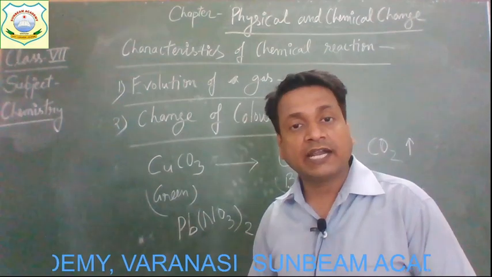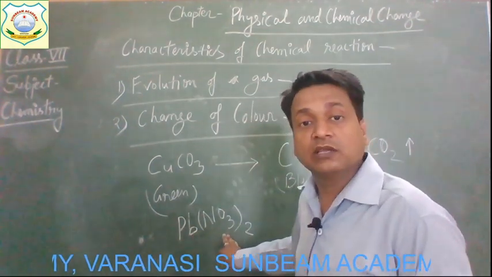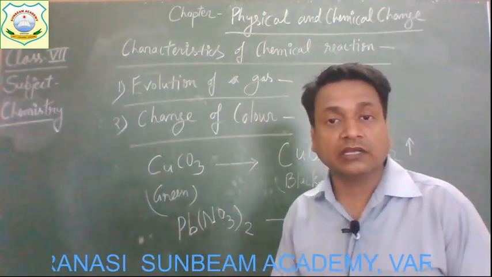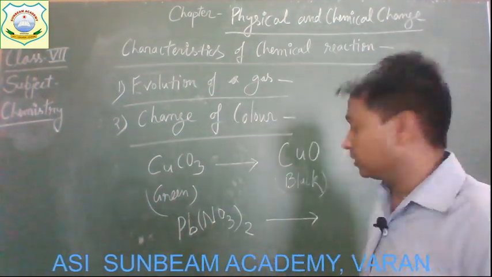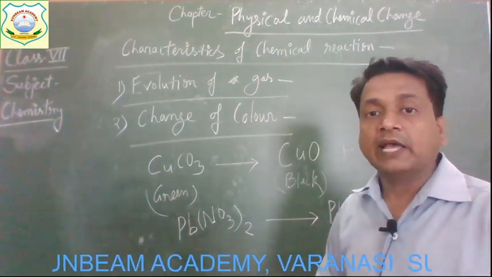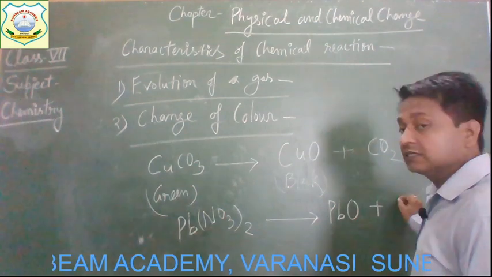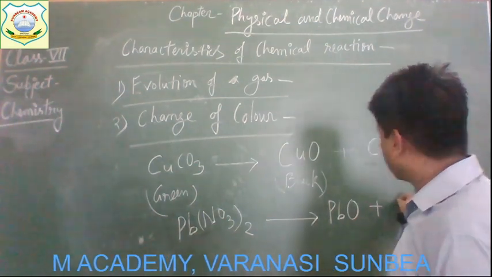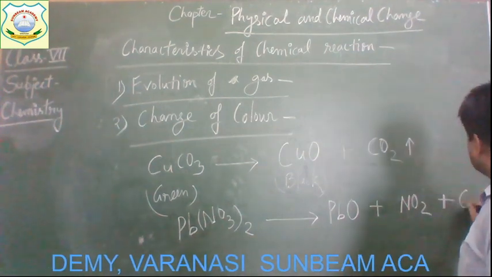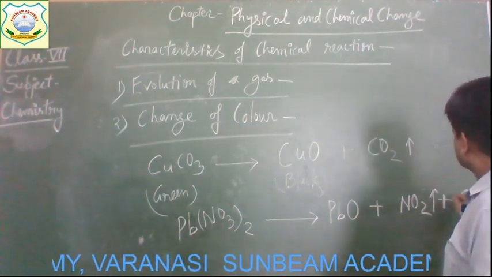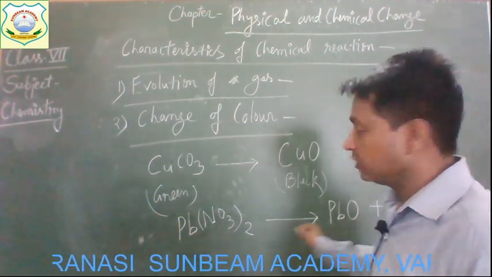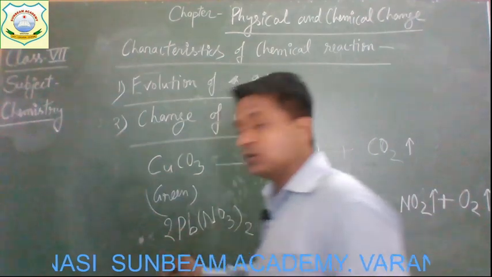The formula of lead nitrate is Pb(NO3)2, and when heated strongly, it forms lead monoxide, PbO, and also forms the gas nitrogen dioxide and also oxygen. So these two gases are going to be produced. Now balance this chemical equation, because this time it is not balanced.